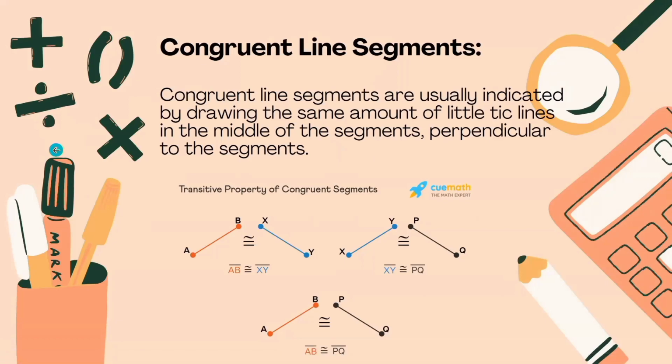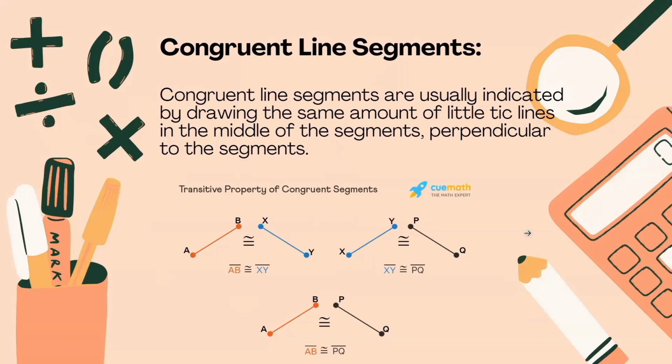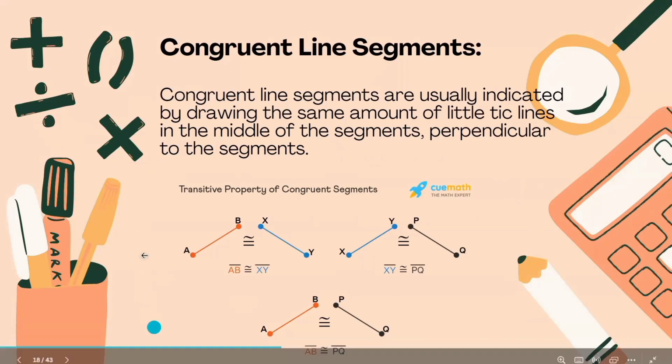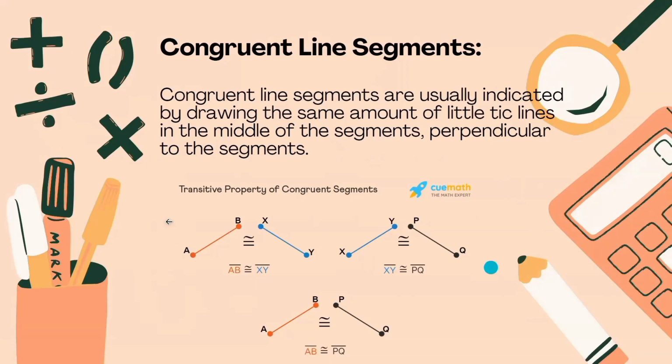Congruent line segments are usually identified by drawing the same number of little thick lines in the middle of the segments, perpendicular to the segments. There are photos under the information.